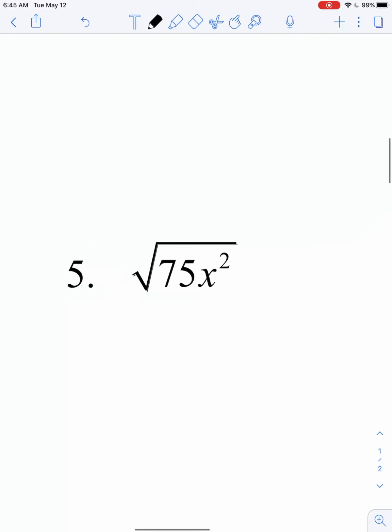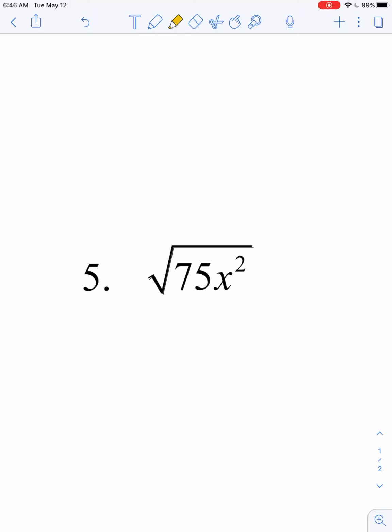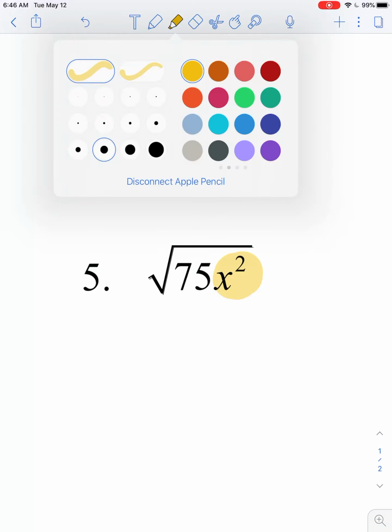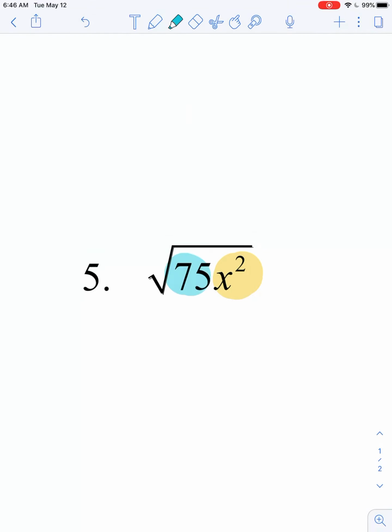Now let's look at number 5. Are they both perfect squares? No. Is one of them a perfect square? Yes. You have the x to the 2nd power here. That's a perfect square because 2 is an even number. But when you look at the 75, it's not a perfect square, but it has perfect squares in it.